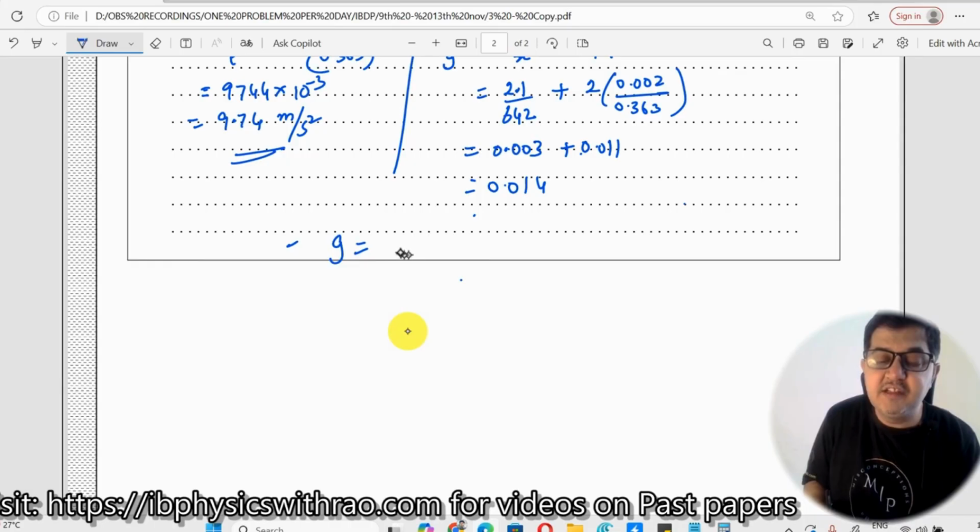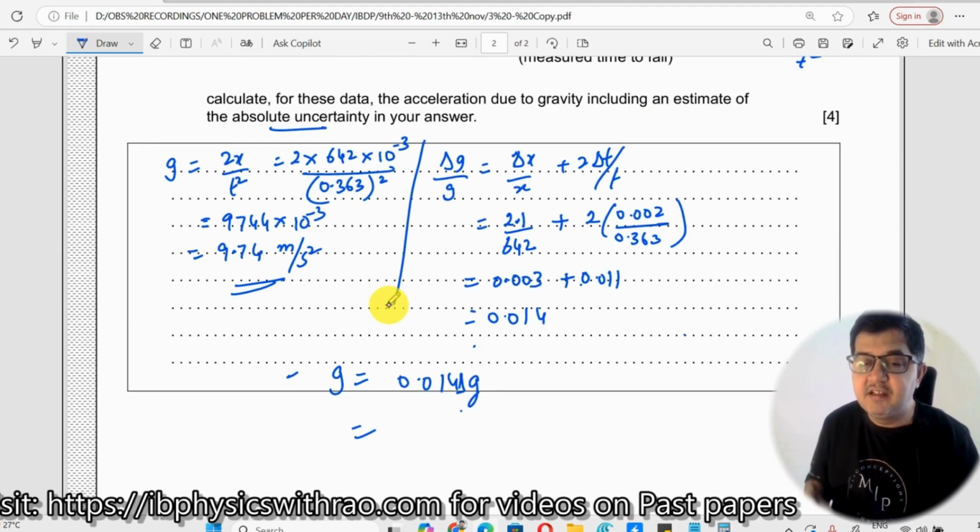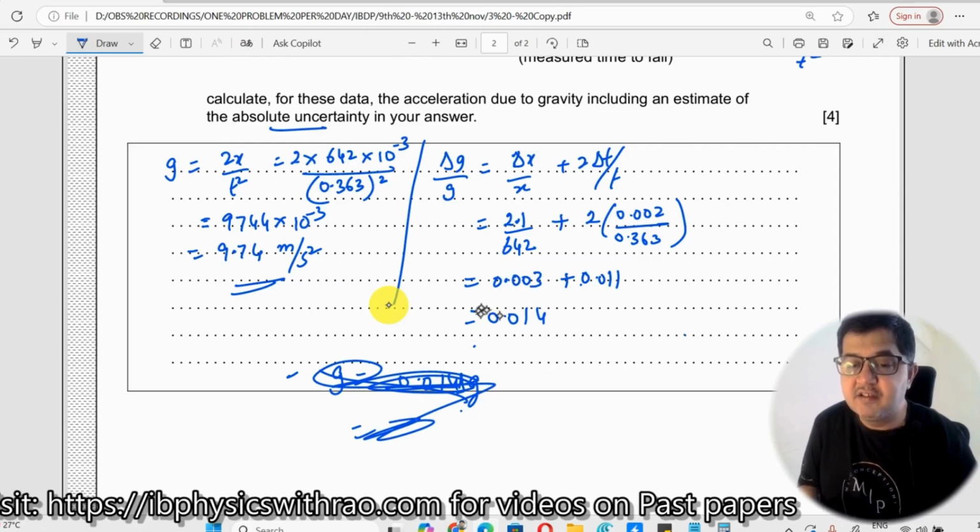So delta g by g is equal to 0.014. I get delta g is equal to g into 0.014. That's what I have to write.